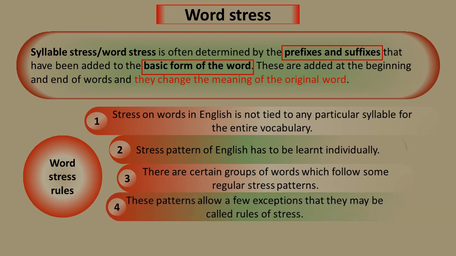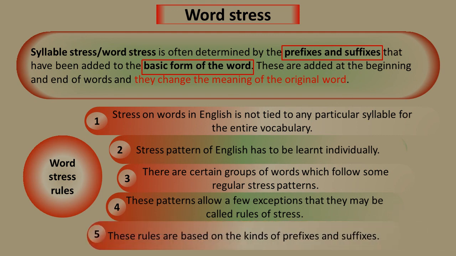So anyway, these patterns allow a few exceptions, and that is why they may be called rules of stress. I am repeating, these patterns allow a few exceptions. These rules are based on the kinds of prefixes and suffixes.